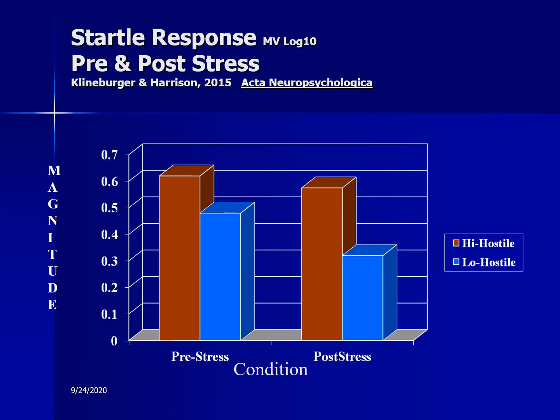So let's take a look at the startle response in our high hostile violent prone folks. Okay, going from pre-stress, before a cold pressor, and after the cold pressor, you can see that the high hostile individuals have an exaggerated startle response. But also, when we repeat the test, our high hostile folks are not habituating. So the cingulate gyrus, if it's not working well, we have difficulty habituating to environmental changes, novelty, or saliency.